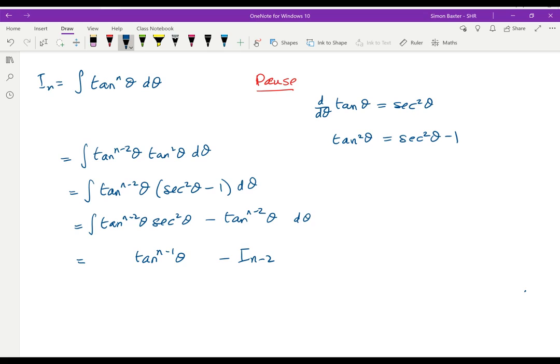If I differentiate tan to the n minus 1, I get n minus 1 tan to the n minus 2 times sec squared. So here is our reduction formula for tan to the n. We start off the normal way, and then we find that we don't actually have to do any integration.